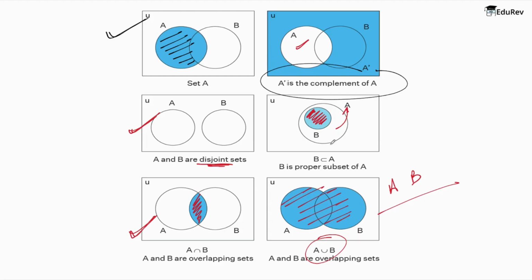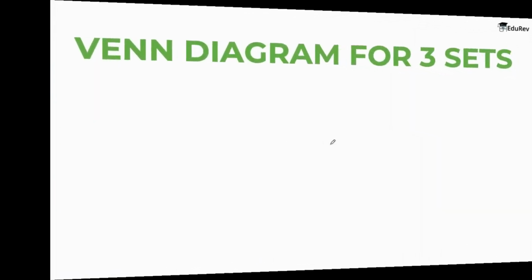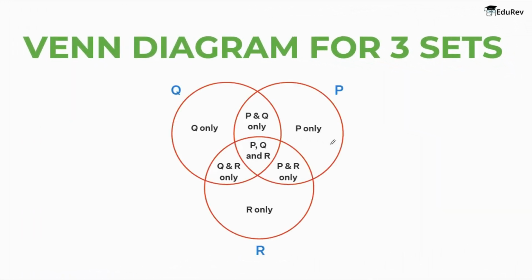Now let's move on to the other interesting topic, that is Venn diagrams for three sets. So let's understand this topic now. See how we can create Venn diagrams for three sets. Now till now we have seen how Venn diagrams for two sets work, and we have learned a lot of topics about the union, about complement, about intersection, about the difference of two sets.